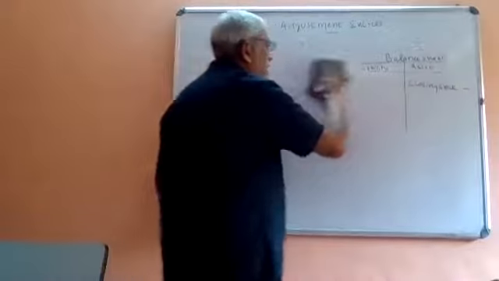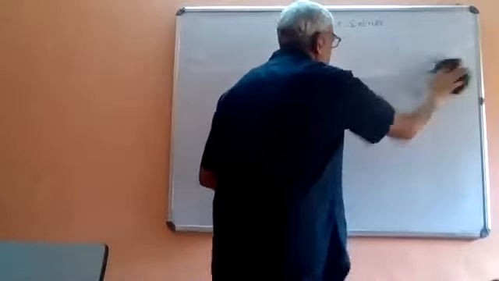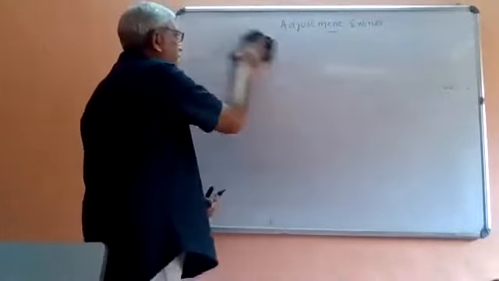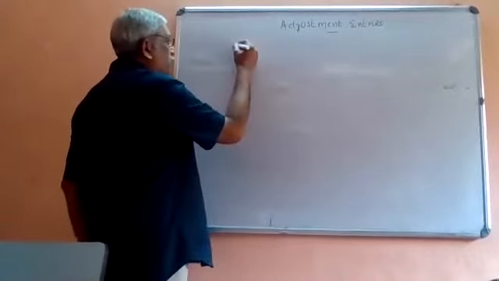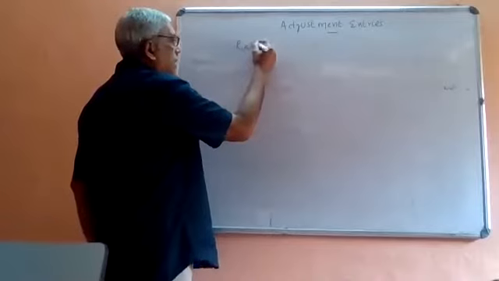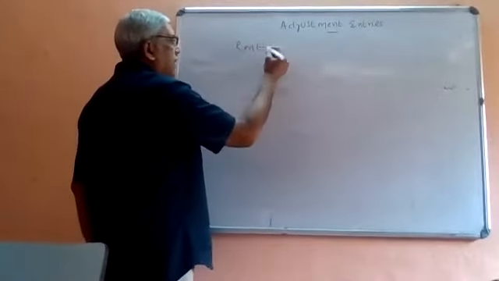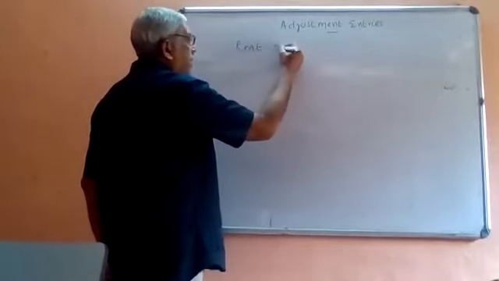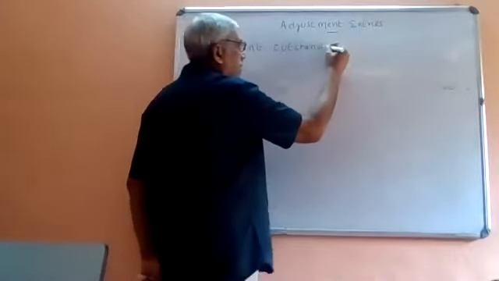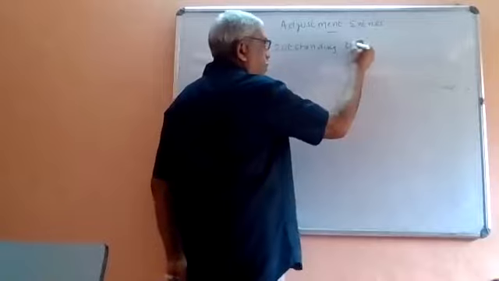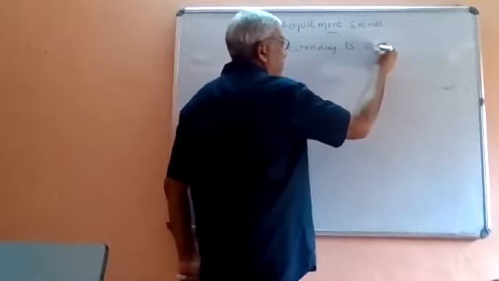Second adjustment entry is outstanding expense. Suppose in the adjustment it is rent outstanding rupees 500.